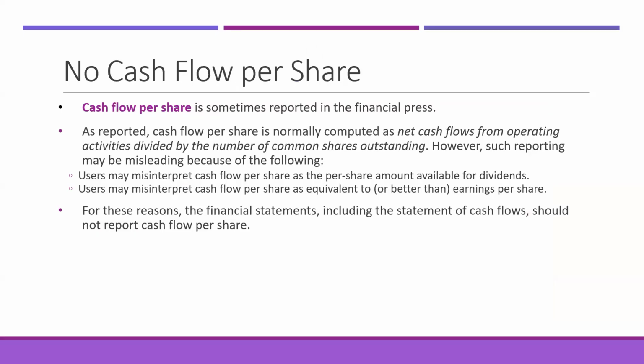And cash flow per share is sometimes reported in the financial press. It's not allowed to be reported on the statement of cash flows, generally speaking. Companies can report cash flow per share. It's what's called a non-GAAP measure.